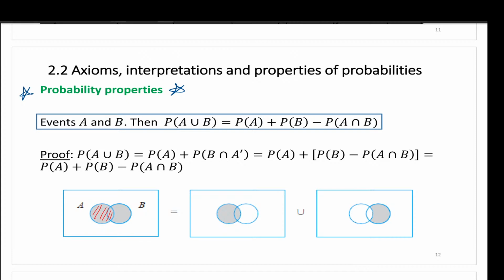If I take the probability of B, that's everything here. Oh no, we counted the intersection twice, so we have to subtract it once.